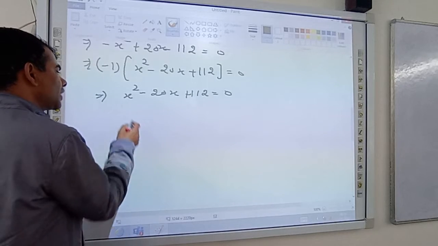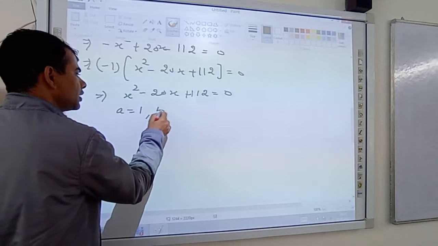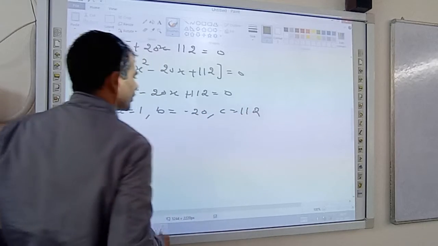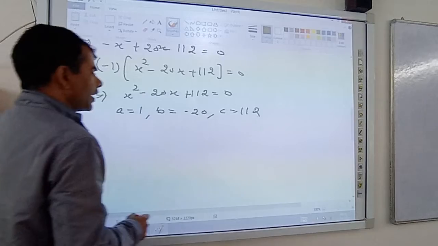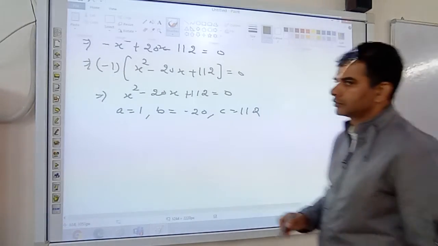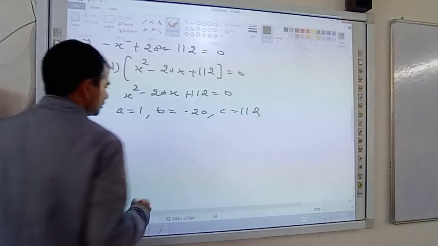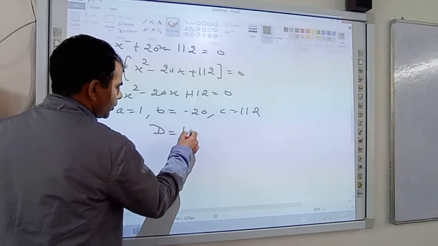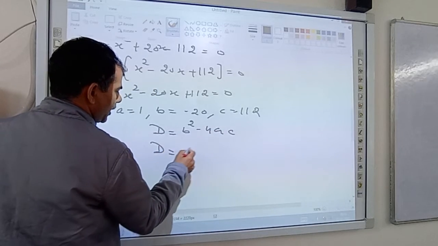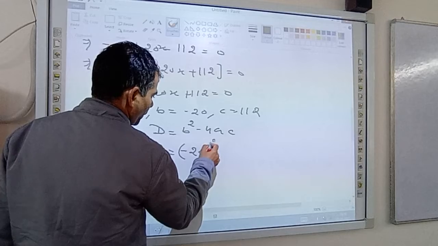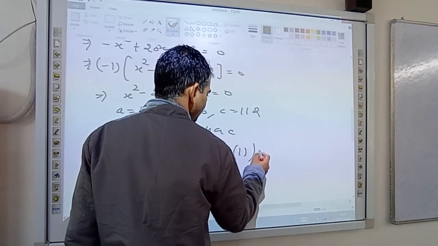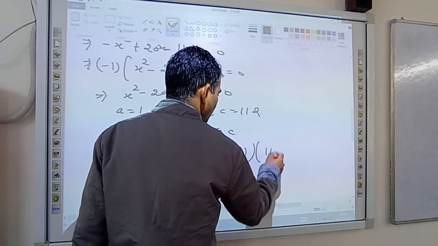What is the coefficient of x square? A is equal to 1, B is equal to minus 20 and C is equal to 112. Now we will find the value of capital D. D is equal to B square minus 4AC. B is minus 20, A is 1, C is 112.